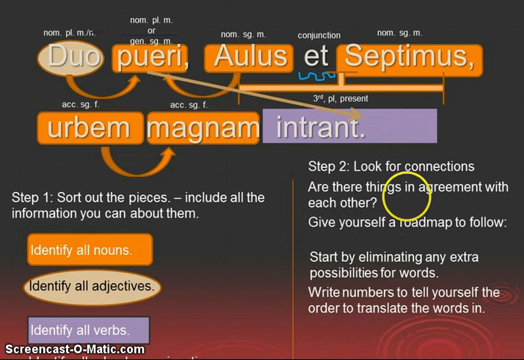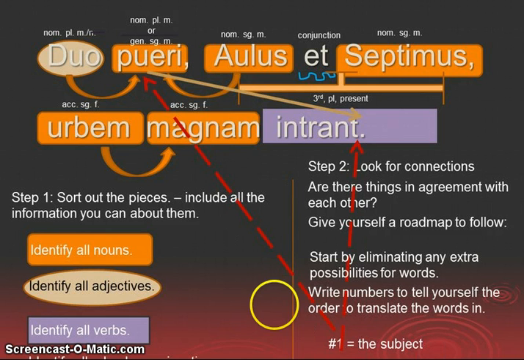Write numbers to tell yourself the order to translate these words in. Number 1 is the subject, and that would be pueri, duo pueri. The verb would be intrant. And number 3 would be the direct object, or PN or PA, which stand for predicate nominative or predicate adjective.